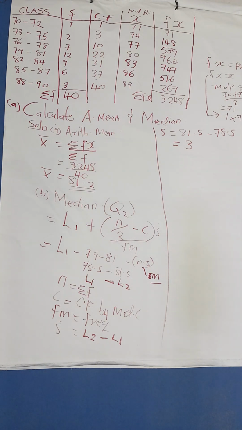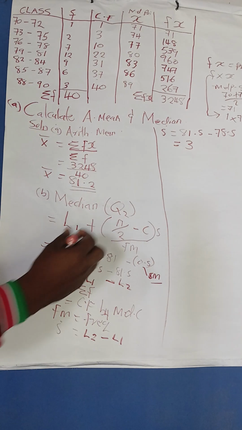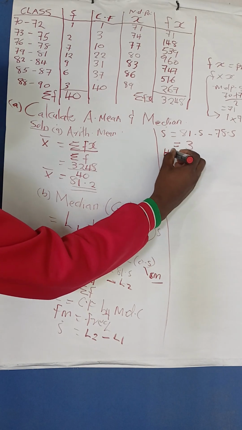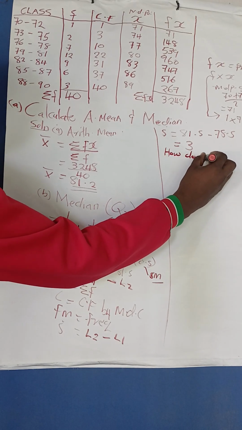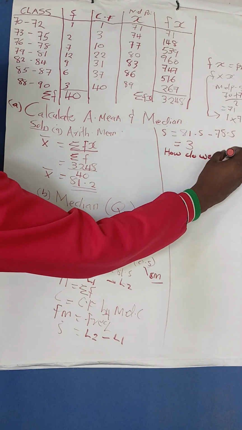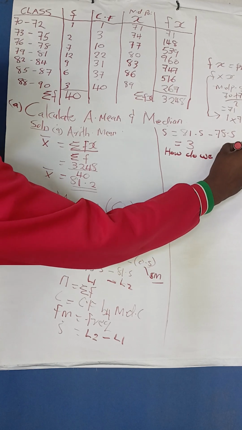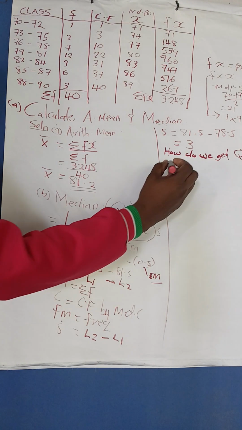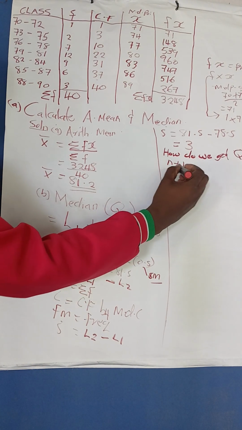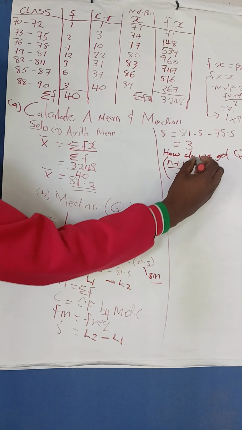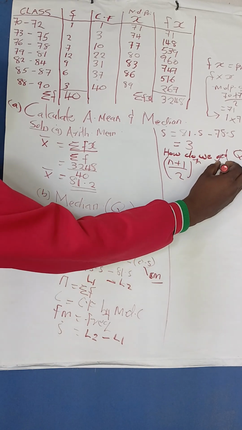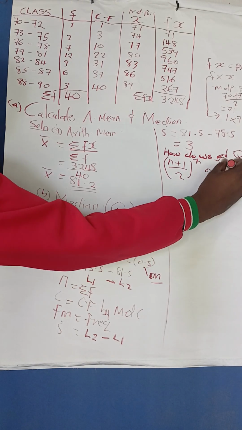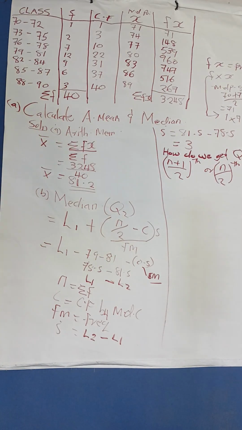Now it's just a matter of identifying how we get the median class, or the Q2. Very easy. You can use two formulas: n plus 1 divided by 2, or you can just say n divided by 2. This is the formula for the median class.